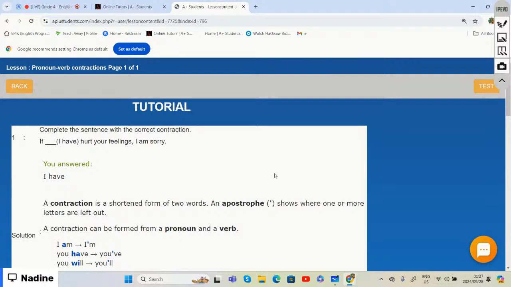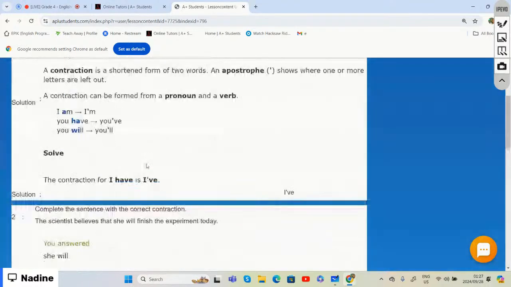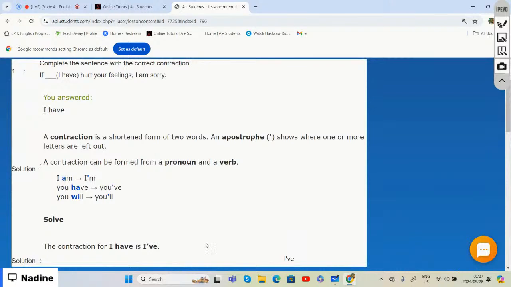All right. And now here it also says once again before we go on to our test, a contraction is a shortened form of two words. An apostrophe shows where one or more letters are left out.